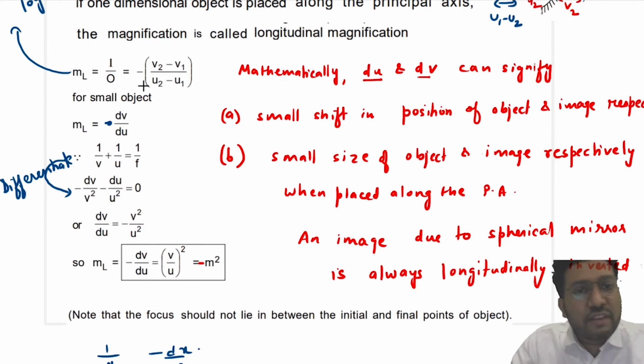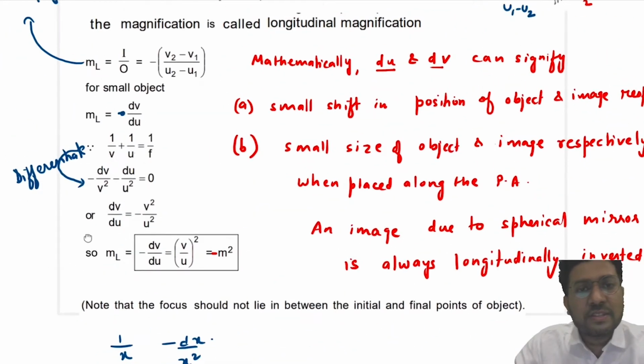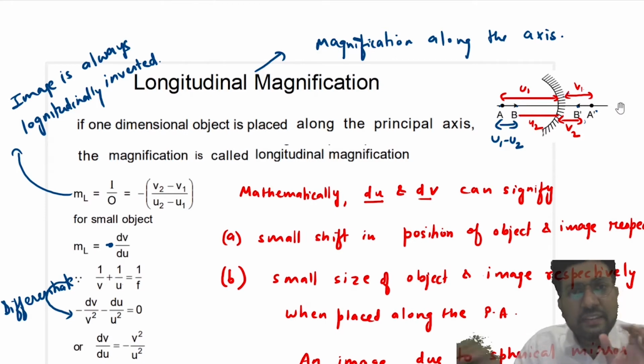But we have seen here that du and dv can also be represented as the size of a short linear object and its image along the principal axis. So when the object is placed along the principal axis, if AB is very small, that is the object length is very small, in that case du can be said as the object length and dv can be said as the image length, right?